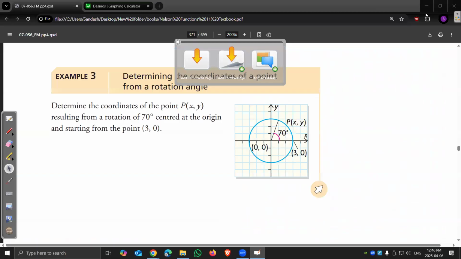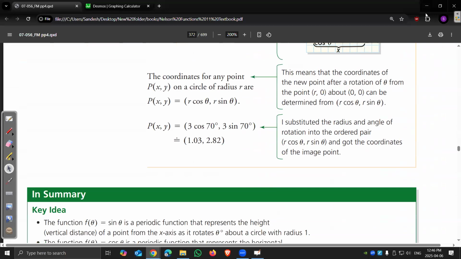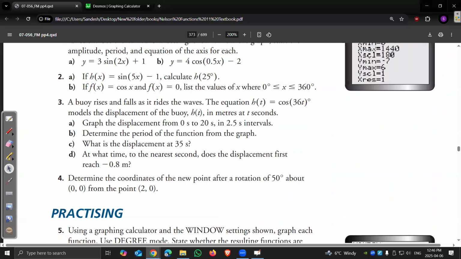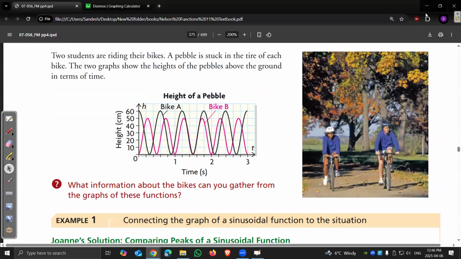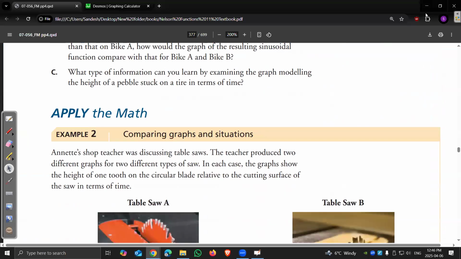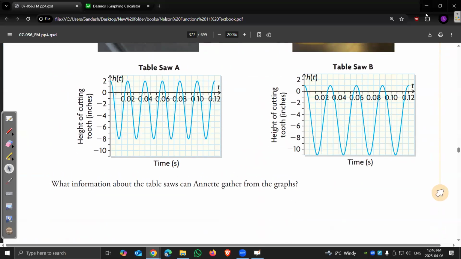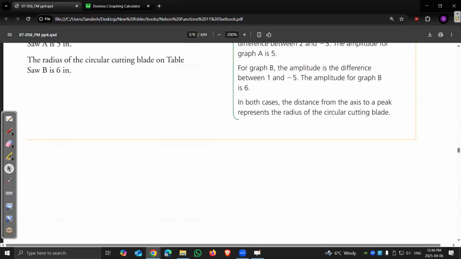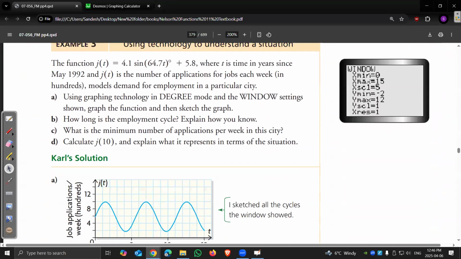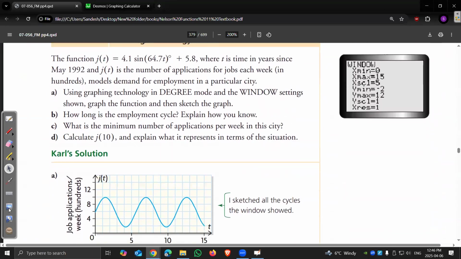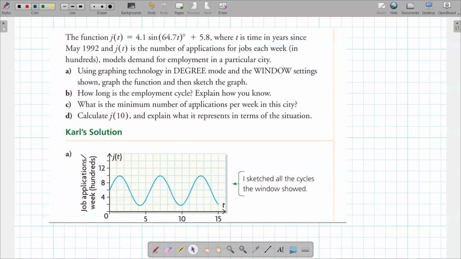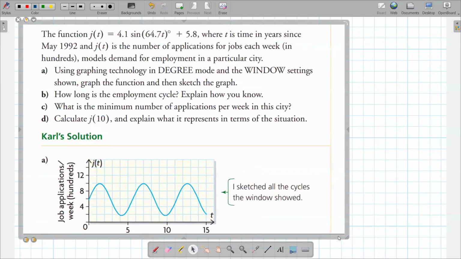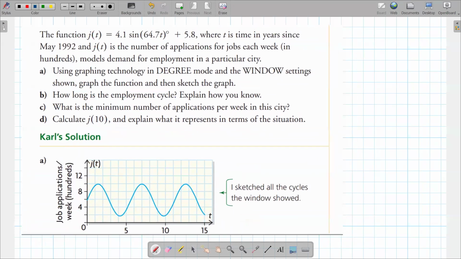Okay, let's do another question. I'm not going to do the weird ones. Okay, let's do this one. Something you'll see later is that you have to be careful of the coordinate system.